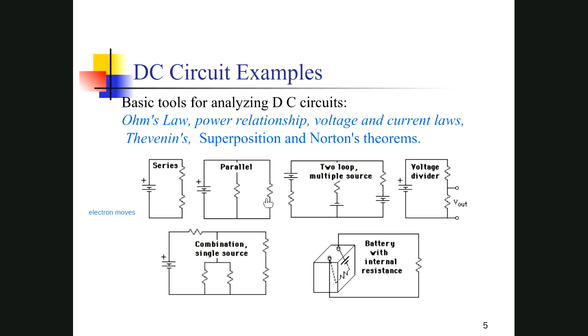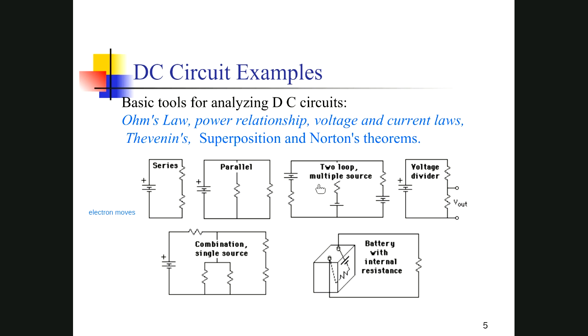So here is a parallel circuit. We have one source, two users connected in parallel to the batteries. Now look at here. This is the multi-loop circuit. We have one battery, resistor, another battery, resistor, another battery, resistor.